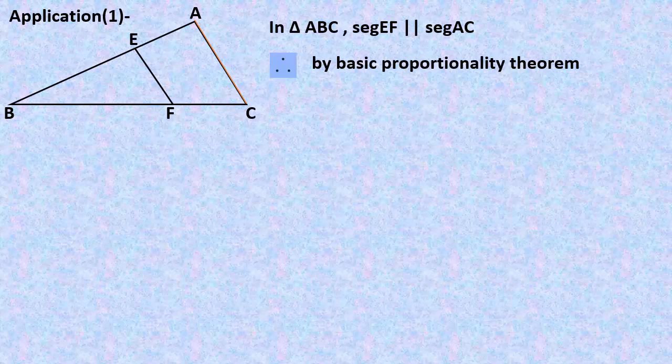That ratio we consider from point B, which is opposite to the parallel side. Then BE divided by EA is equal to another ratio, that is BF divided by FC.